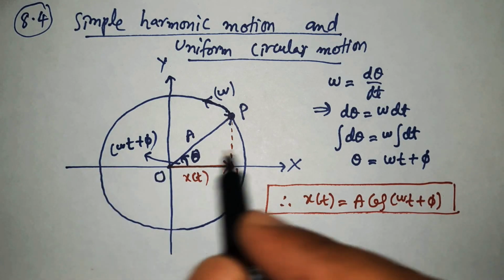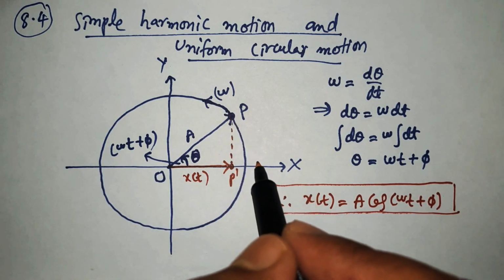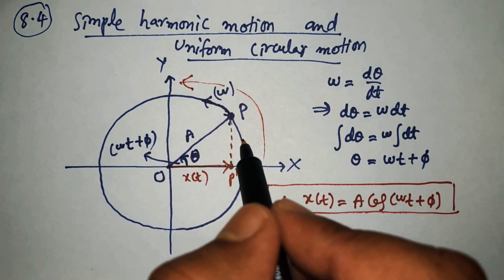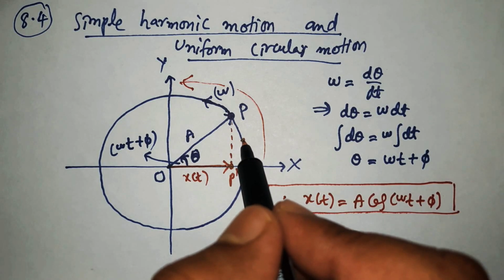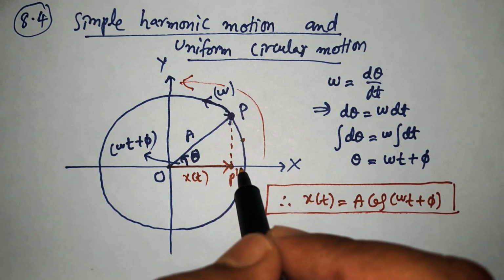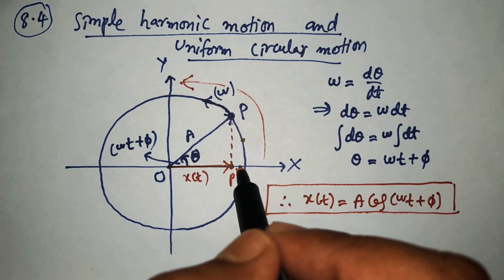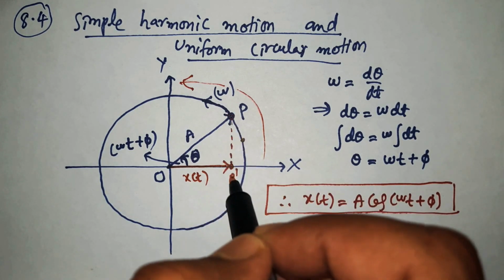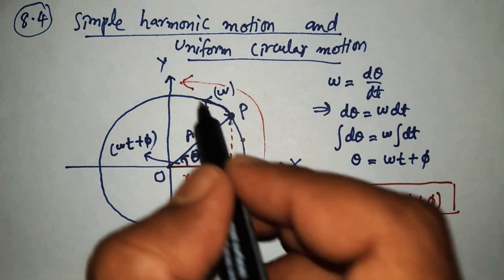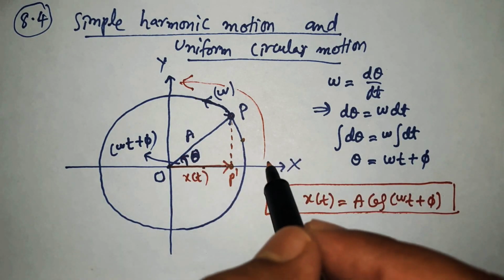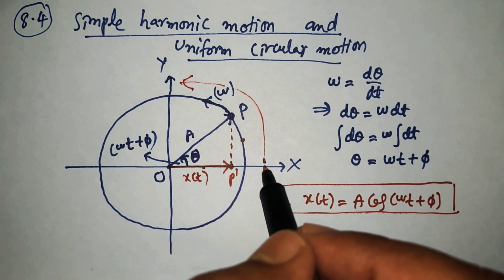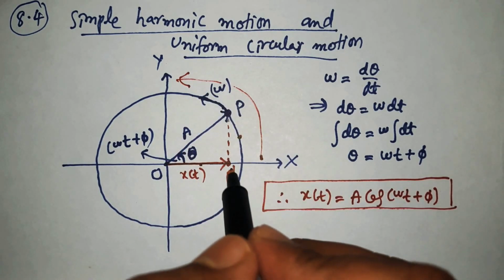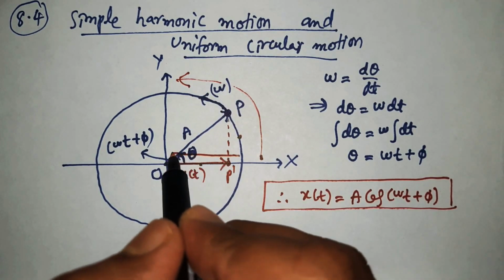So if particle is here, the projection of the particle P is here, P dash is here. If P moves here to here, the projection P dash moves here to here.